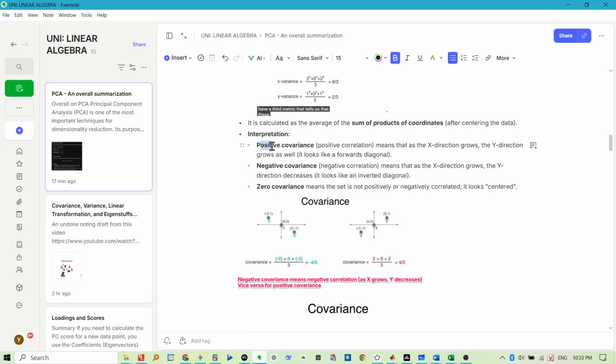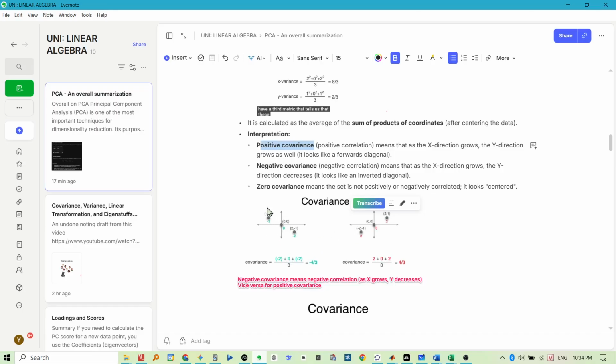If it is a positive covariance, that means that as the x value increases, the y value also increases. The whole plot will look like it is charging forward. It forms a forward diagonal line.